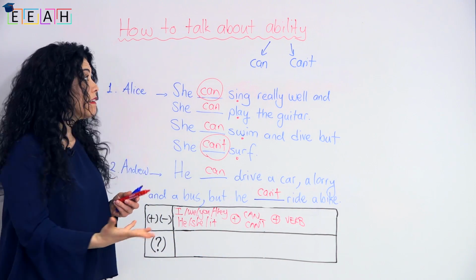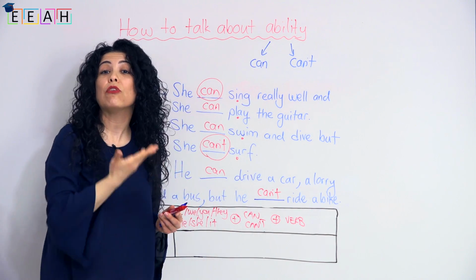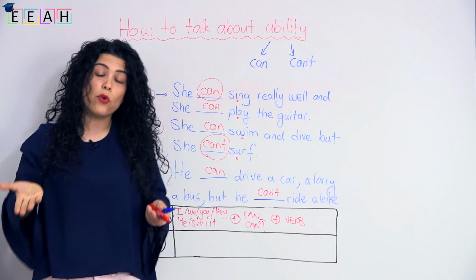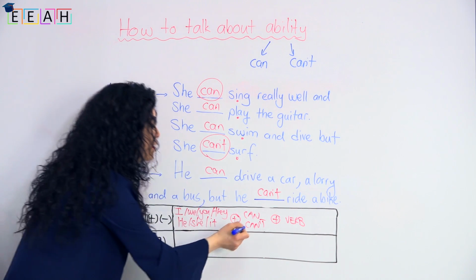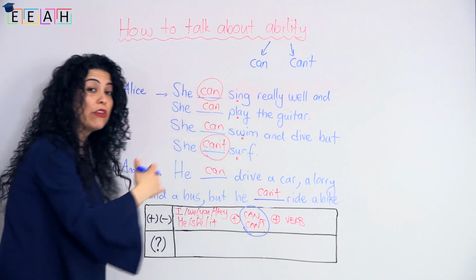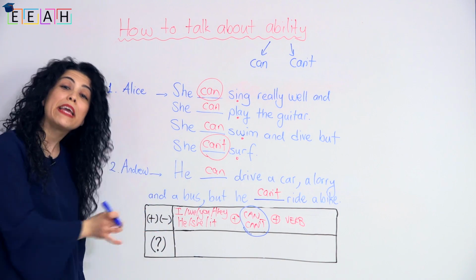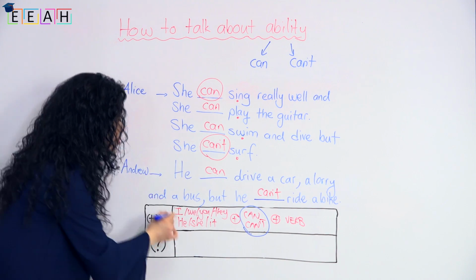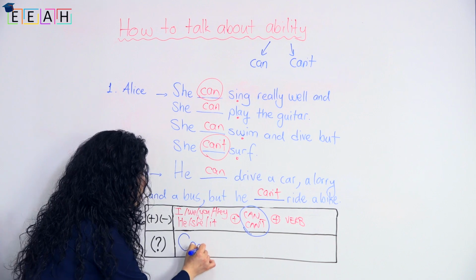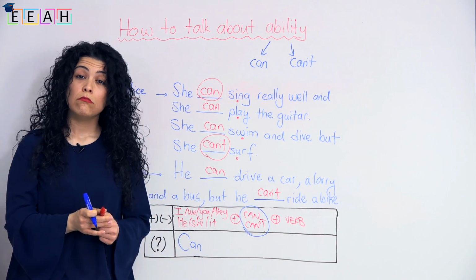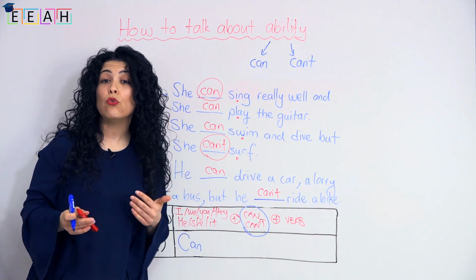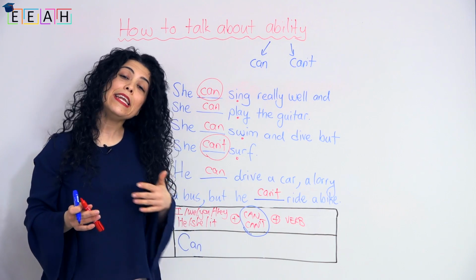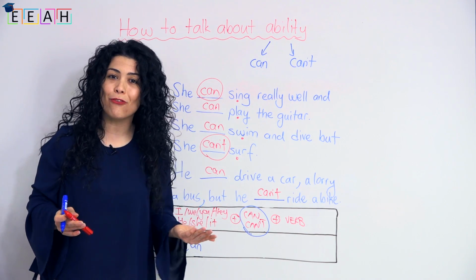What about the question? If you want to ask about the abilities and skills of somebody else, how do you ask a question? Keep in mind, the auxiliary always goes right to the beginning of the sentence. So you have to start with can. Can you drive? Can you ride a bike? Can he drive? Can he ride a bike?